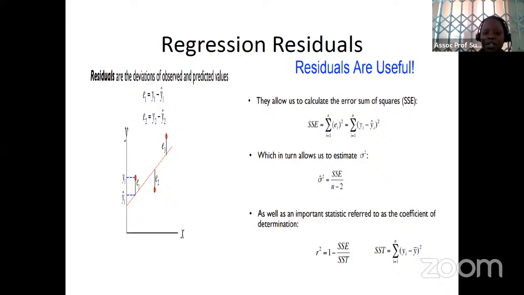We said residuals are deviations of observed and predicted values. They are denoted with small letter e or epsilon. And you can see that for each observed value, we can compute an epsilon. So here we have e3, e2, e1, the difference between the first observed value and the fitted line.